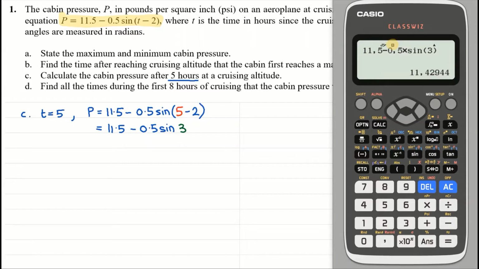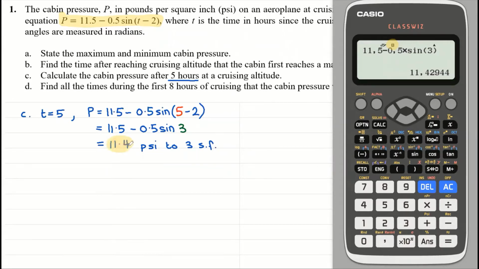If the answer is no, then we'll round to 3 significant figures, which is the standard way of doing this if it was an exam situation. So 3 significant figures unless specified otherwise. So that's going to be 11.4 psi to 3 significant figures. Okay, so that's part C done.